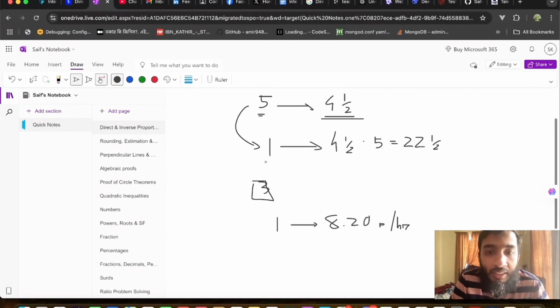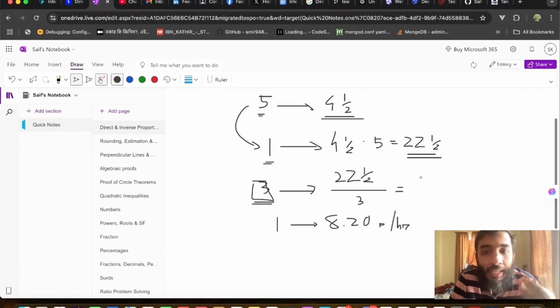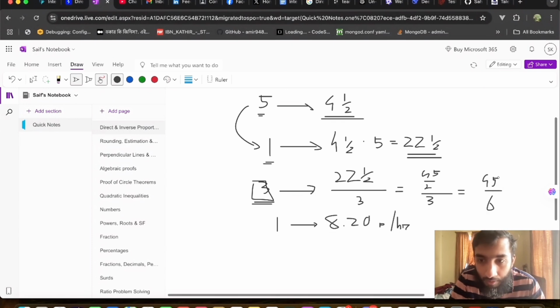Yesterday, hypothetically, one cleaner would have taken 22.5 hours to clean all the rooms. Three cleaners are available today. So if one cleaner took 22.5 hours, how many hours will 3 cleaners take? Obviously the hours will be divided among 3 cleaners, so the time taken would be one third. 22.5 is 45 by 2, divided by 3, so the result is 45 by 6, which is 15 by 2, or 7.5.